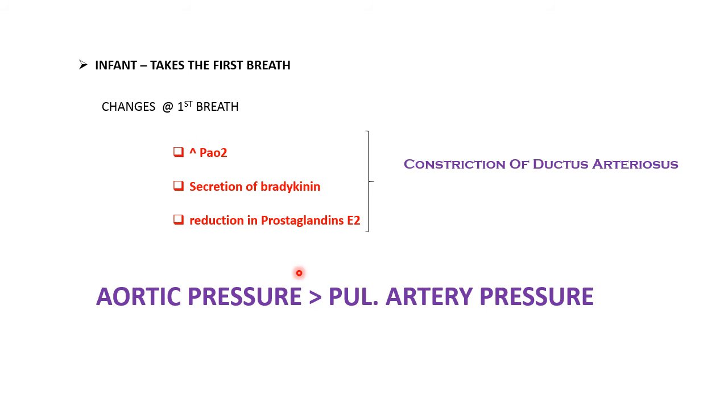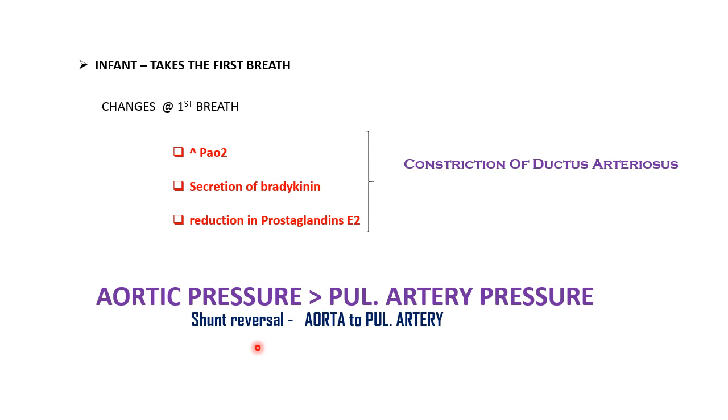Previously the pulmonary artery pressure was higher due to the pulmonary vascular resistance. But once the constriction of the ductus arteriosus happens, due to the increased partial pressure of oxygen from the infant's breathing, the aortic pressure increases above the pulmonary artery pressure.